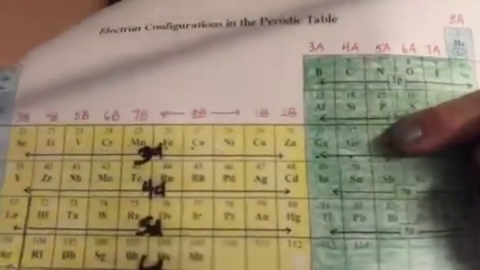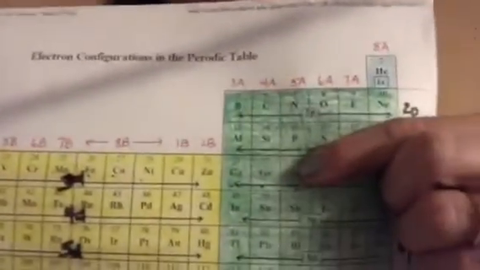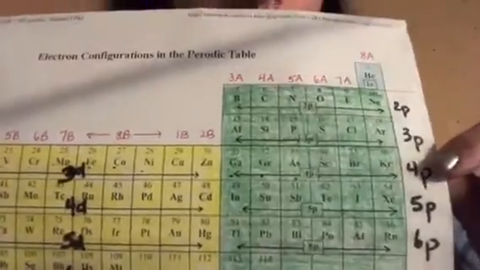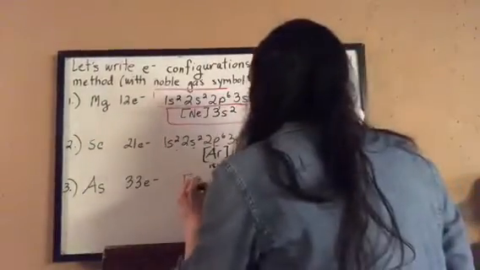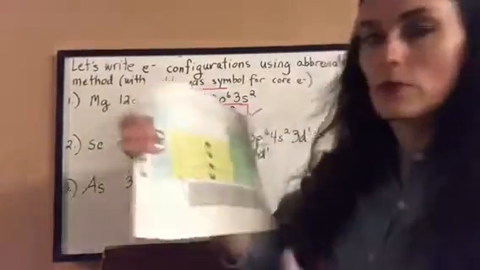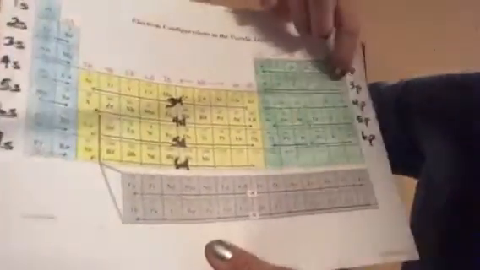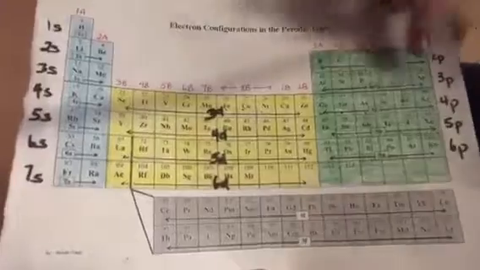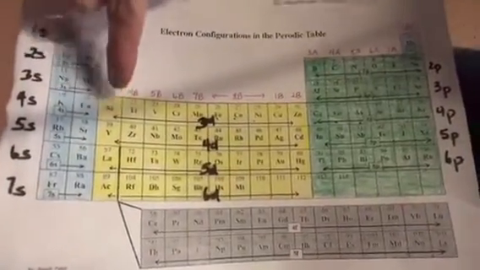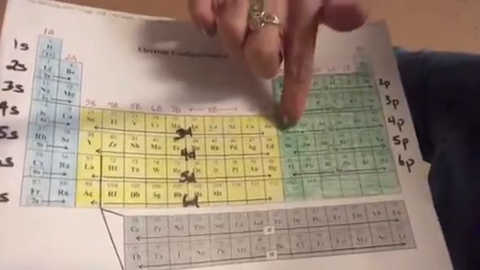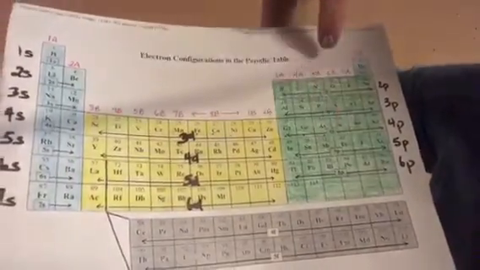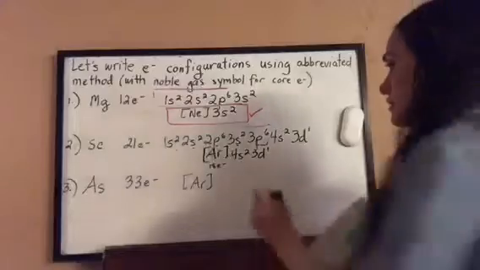Arsenic right there. The noble gas that precedes arsenic would be argon. So then we follow along. Here's argon, 4s2, 3d10, 4p, 1, 2, 3. We'll end in 4p3.